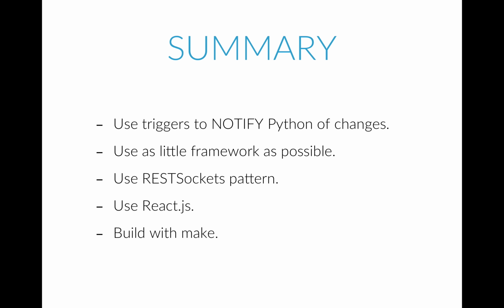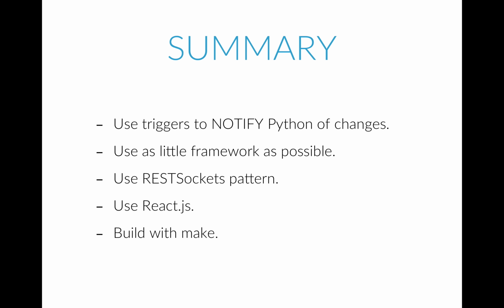To summarize, we can build real-time web apps with just Python and Postgres by using triggers within Postgres to notify Python of changes happening at the database level and putting WebSockets on top of those notifications.